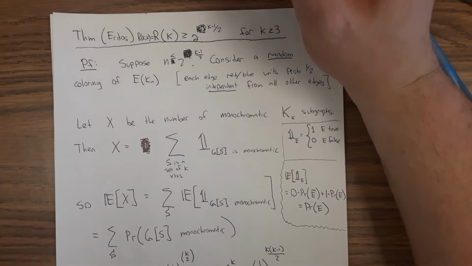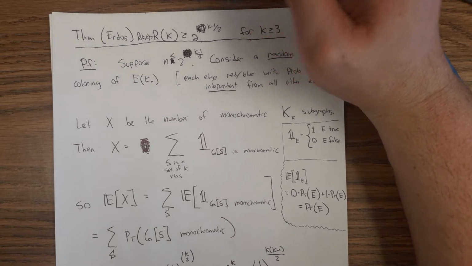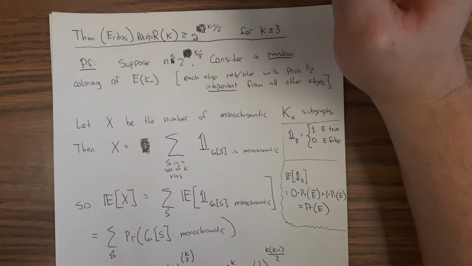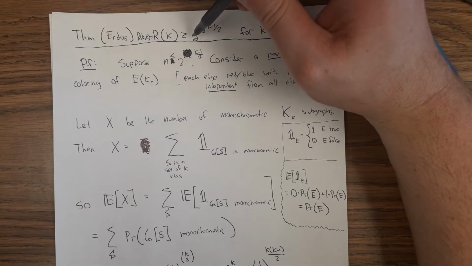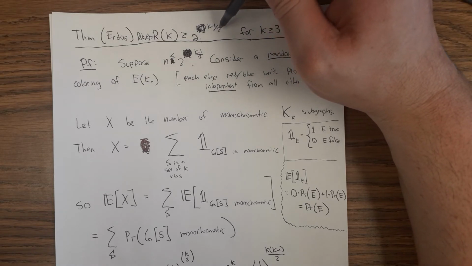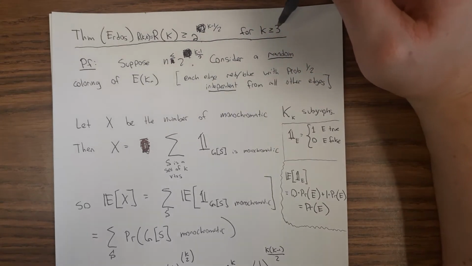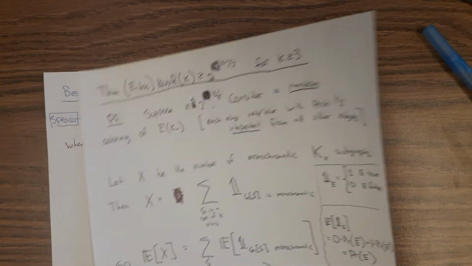So I'm going to focus on that case, but we're going to show a lower bound on it. The lower bound that I'll show is 2 to the k minus 1 over 2, and this is true for all k greater than or equal to 3. So here's the proof.